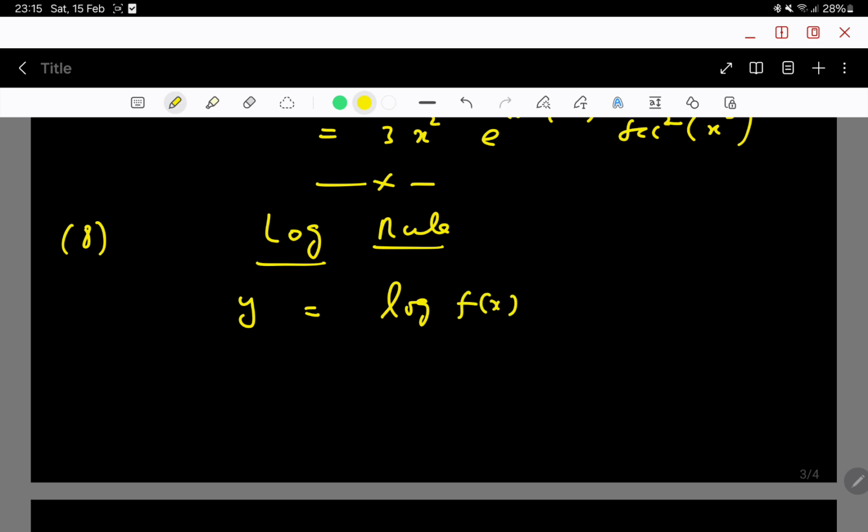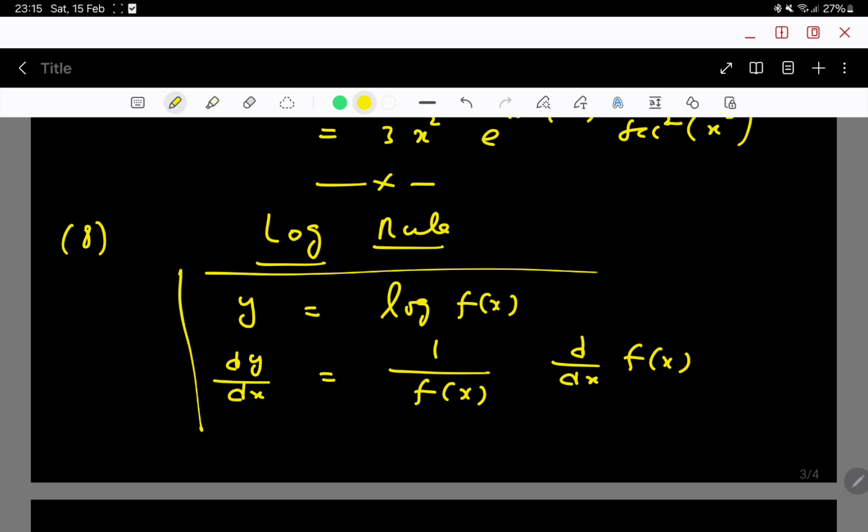If the function comes in log, we follow this rule. So dy by dx is equal to 1 by f of x, write f of x in the denominator, again differentiating f of x. That's all. So logarithm of any function can be differentiated by this rule only.